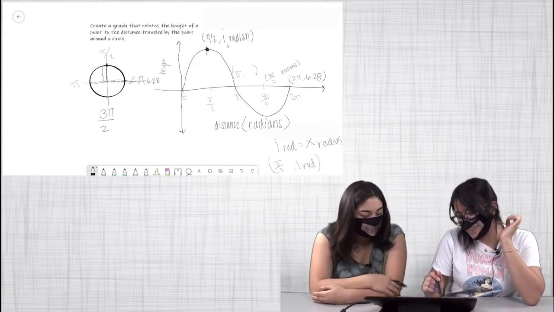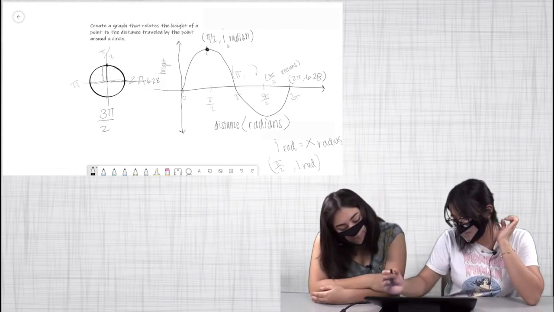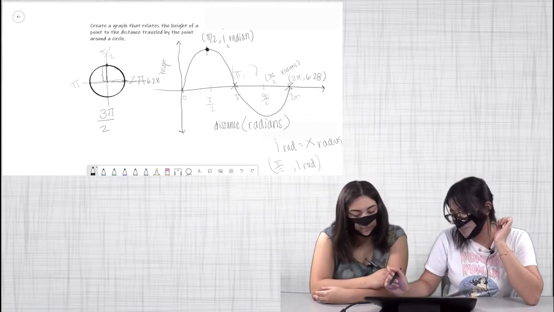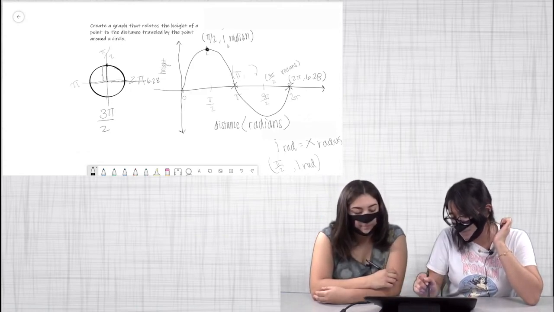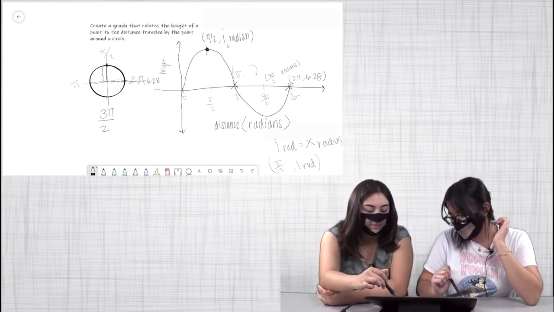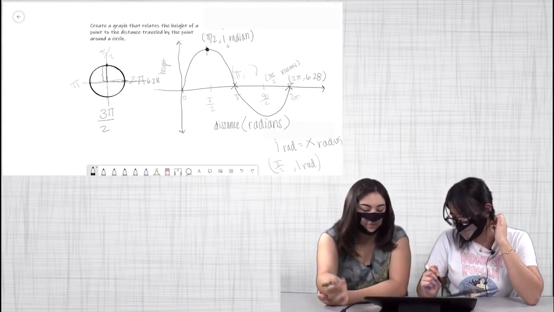Zoe is saying that this point and this point should have a y value of 0 because its height is 0, because we set the middle of the circle as 0. So, meaning that this y value of the pi over 2 should be the positive version of the y value of the 3 pi over 2. So they should be the same value, just one's positive, one's negative.